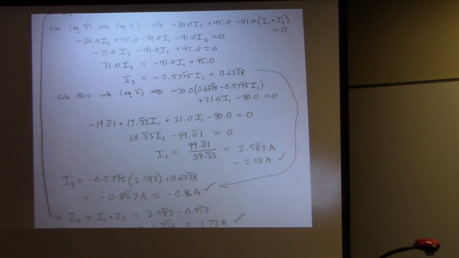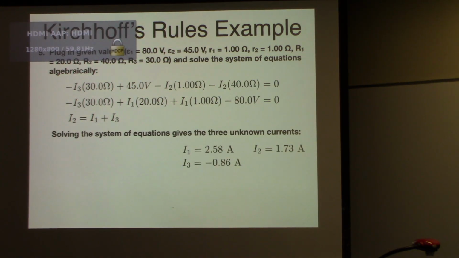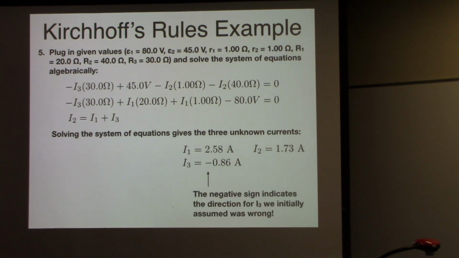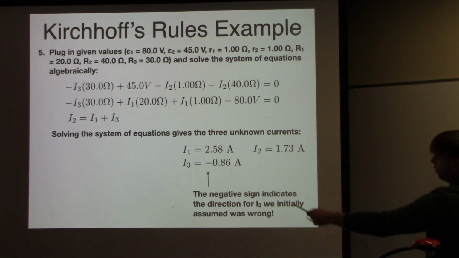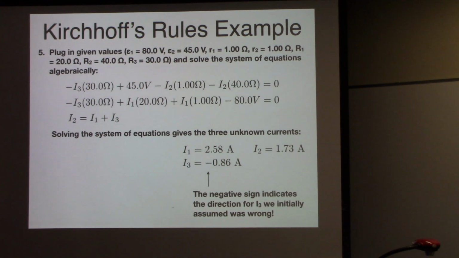So with all that in mind, let's summarize the findings. We get the following values for I1, I2, and I3, just as we said before. And if we look at what this looks like on our circuit, given that I3 came out negative, it means the direction we assumed was wrong.